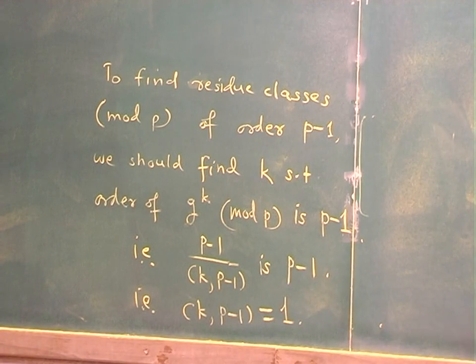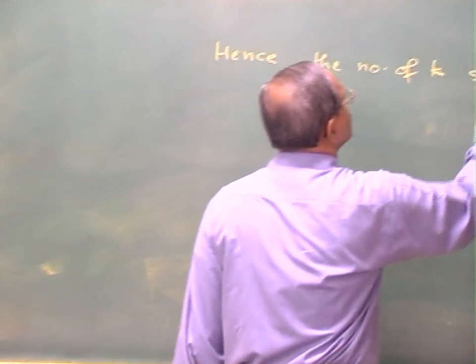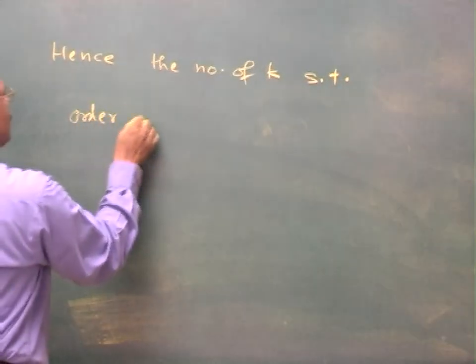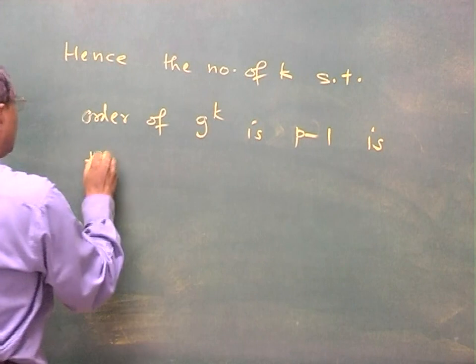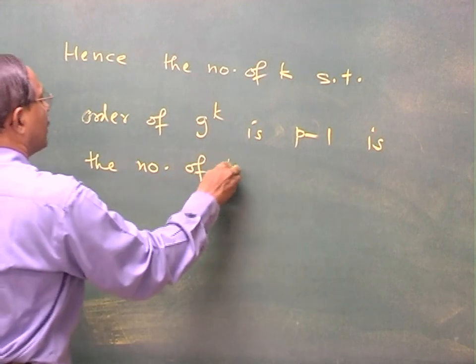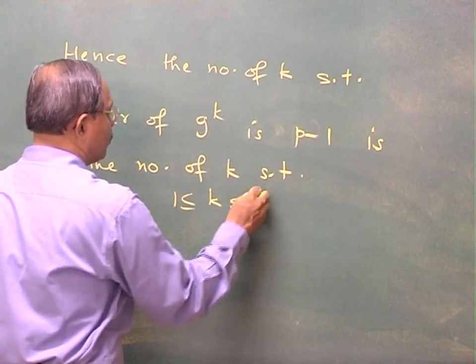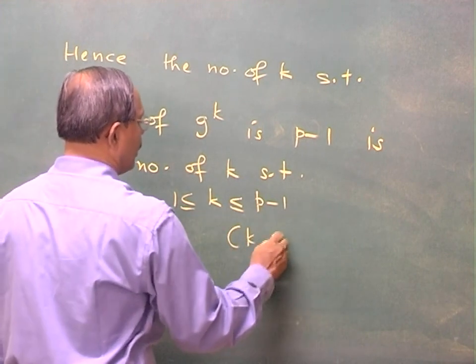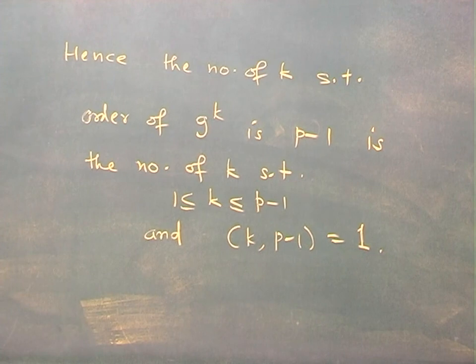Hence, the number of k such that the order of g raised to k is p minus 1 is the number of k, with 1 less than or equal to k less than or equal to p minus 1, such that the GCD of k with p minus 1 is 1.